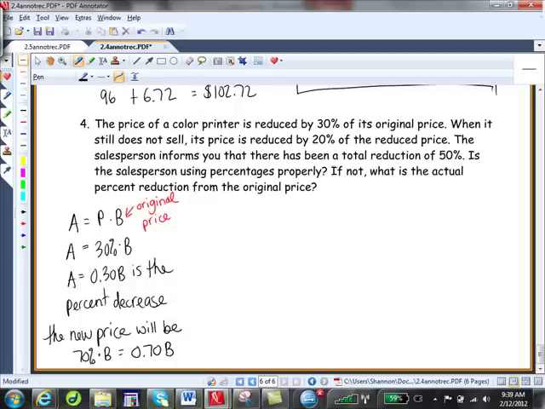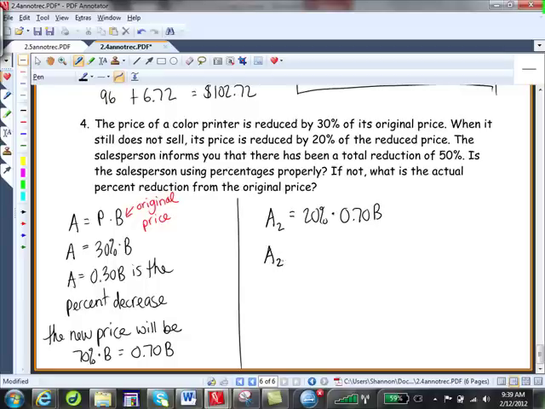So now you take a look at it here. You're doing a new discount, so it's a new A. We could call it A2, which is equal to 20% times that new price, which we decided was 0.70B.